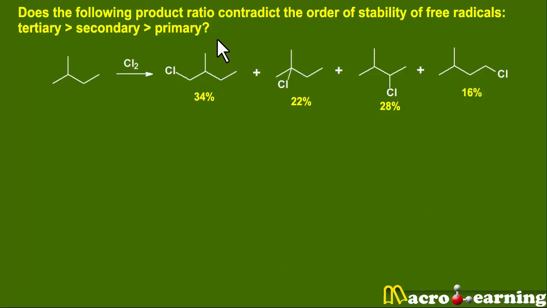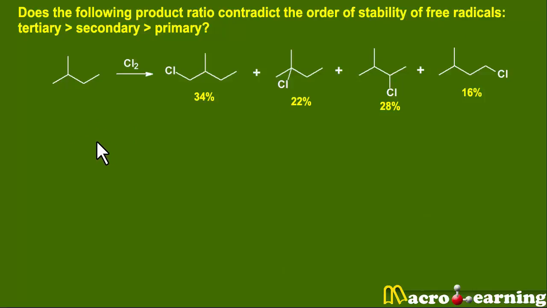So I think what we're really being asked is, does this number contradict the order of reactivity of the different hydrogens on the alkane? Because the order of reactivity is equivalent to the stability of free radicals.